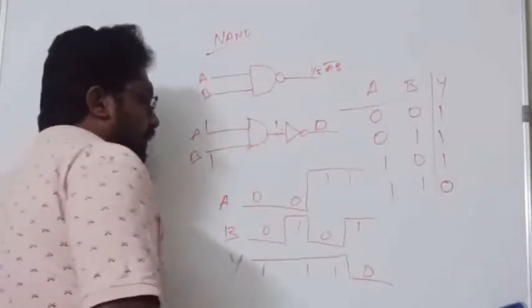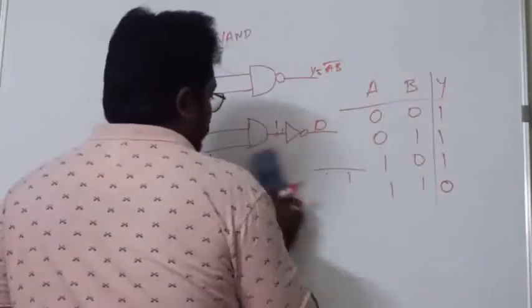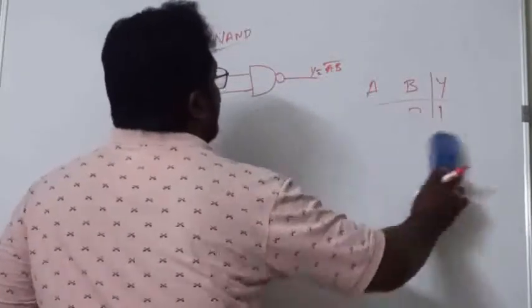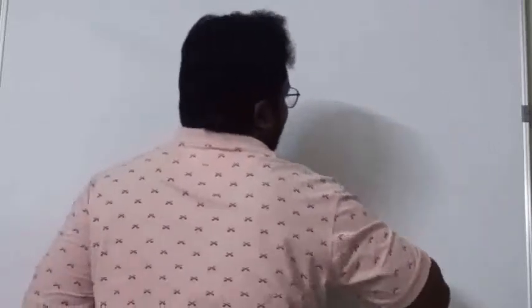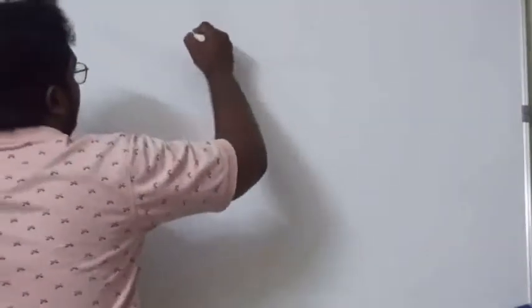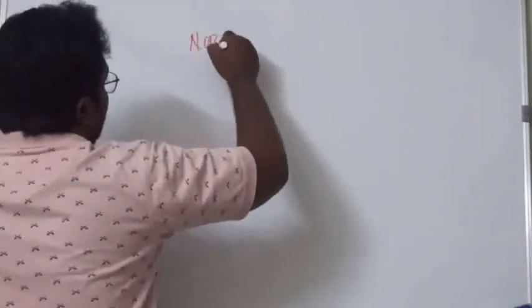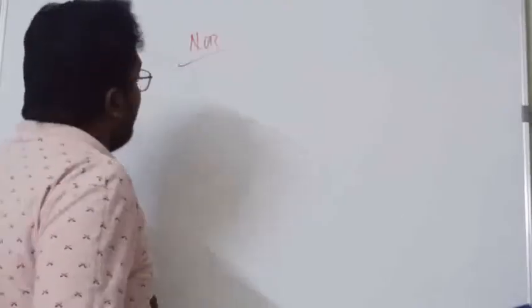So now let us see the NOR gate. The NOR gate is nothing but the complement of the OR gate. So I am using a NOT gate with the OR gate.